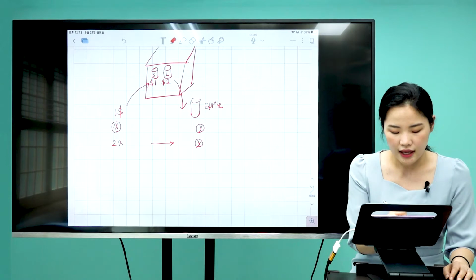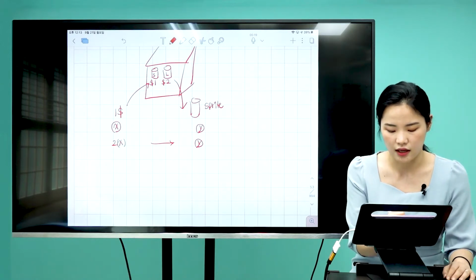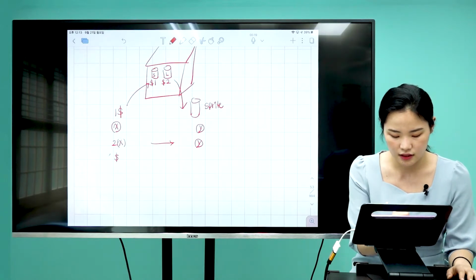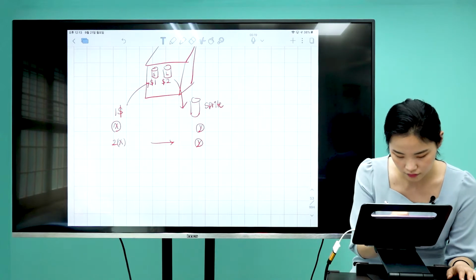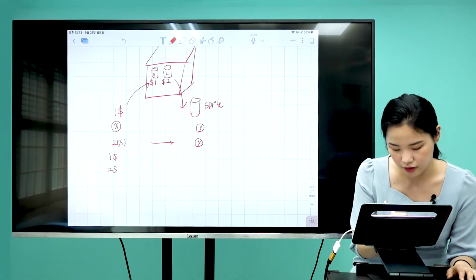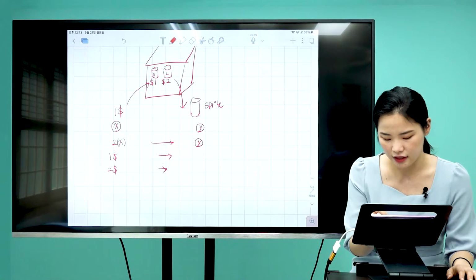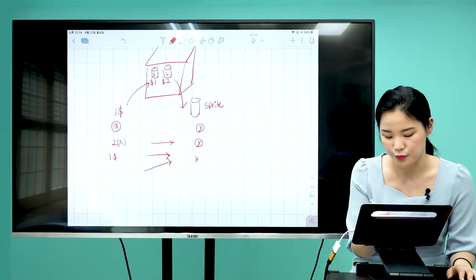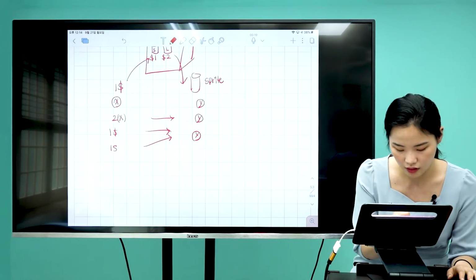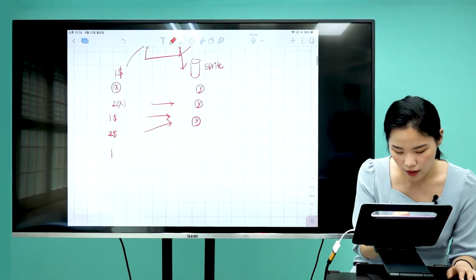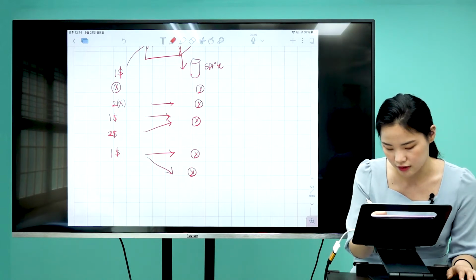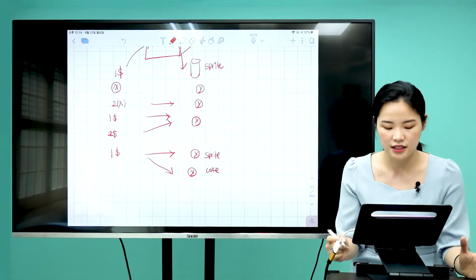However, if we put in the same price, we can't get two different products, let's say Sprite and Coke, because our money is limited. It's just the same.